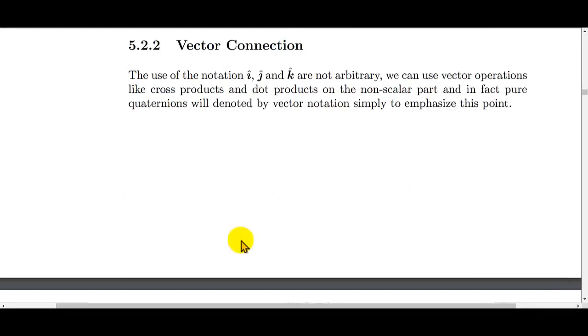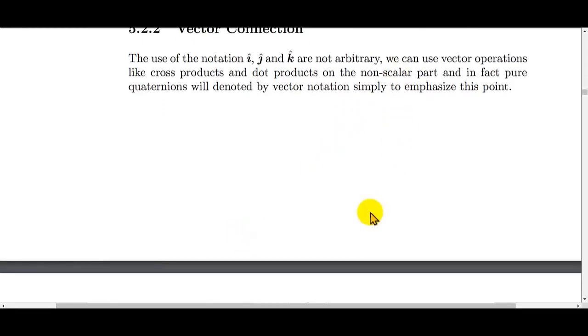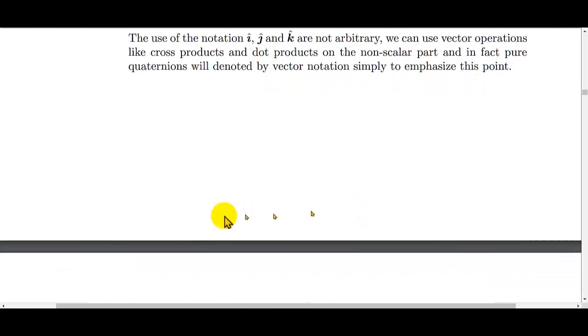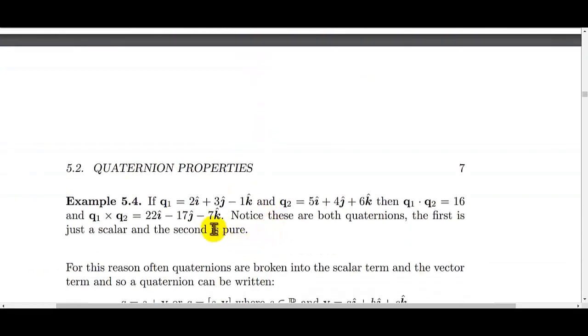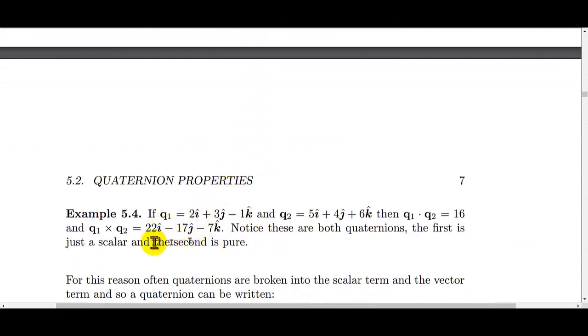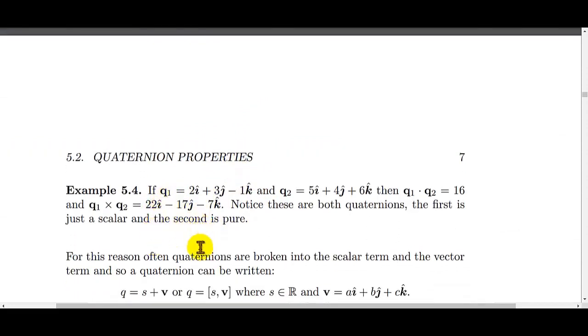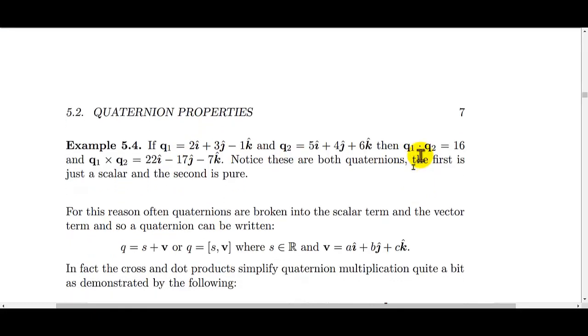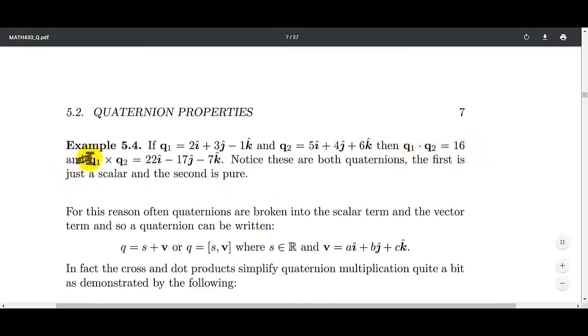Okay, the use of the notation i, j, and k is not arbitrary. We can use, in fact, vector operations like cross products and dot products on the vector part of quaternions. For example, suppose we have q1 and q2, then if we use the dot product, we get q1 dot q2 is equal to 16, and the cross product of q1 and q2 is another pure quaternion.